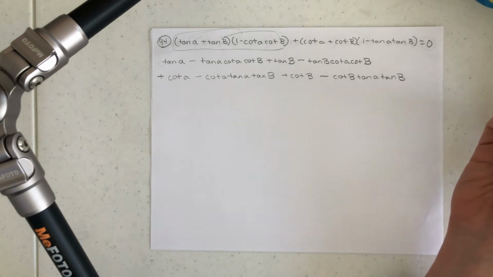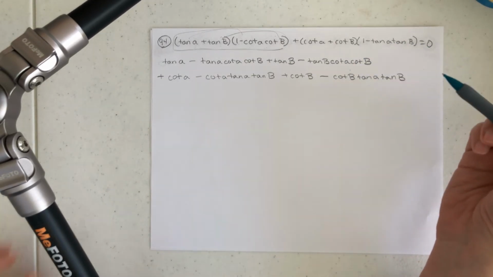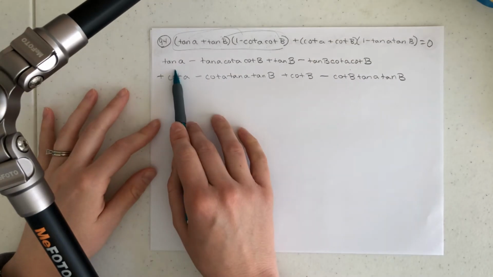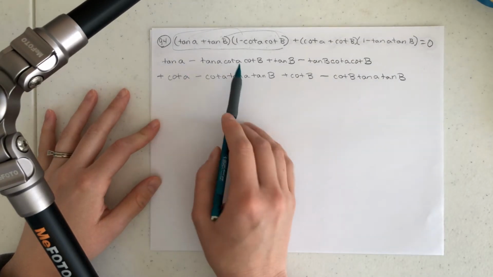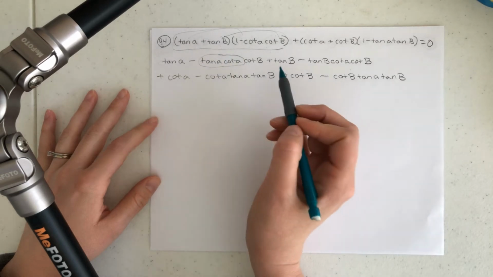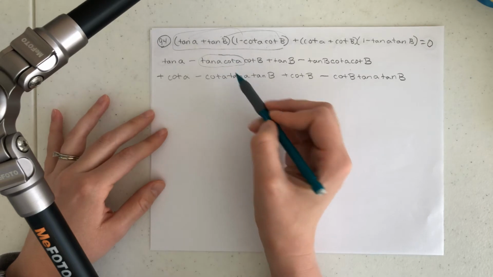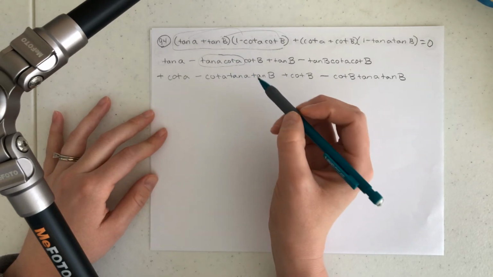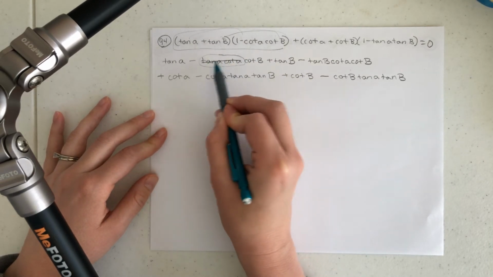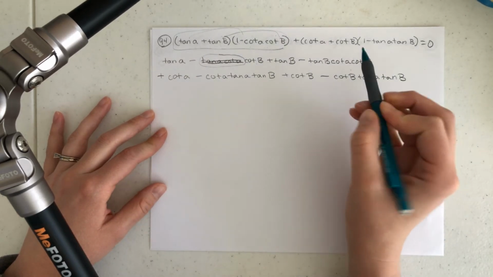All right, now I'm just going to take a look at what I have and see if I can do anything with it. I can't do much with tangent alpha by itself, but right here, if I multiply a tangent alpha times a cotangent alpha, seeing as how they are reciprocals, multiplying two reciprocals results in just the number 1. So this actually is 1 times cotangent beta, so I'm going to leave that.